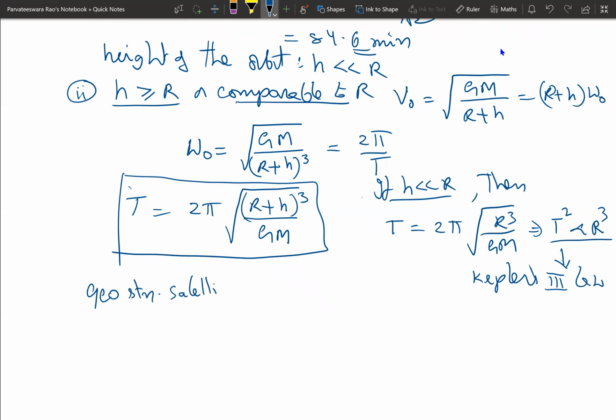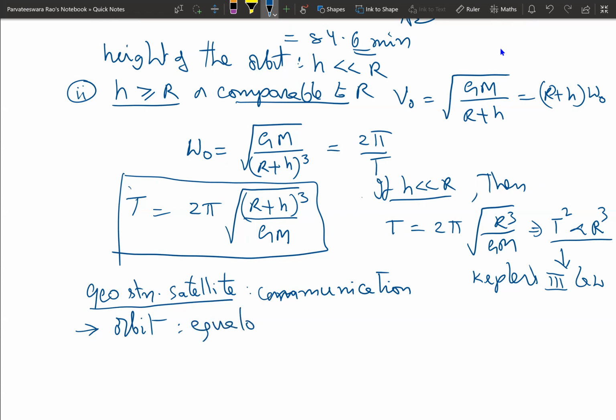And we have a satellite called geostationary satellite. It is normally used for communication purposes. Televisions, telephones, all communication devices will work only with the help of geostationary satellite. For a satellite to be geostationary, the orbit should be in the equatorial plane.